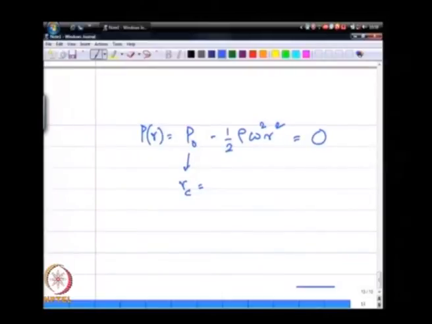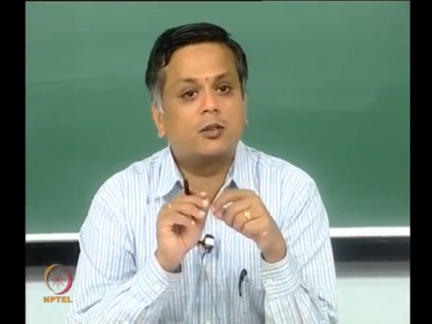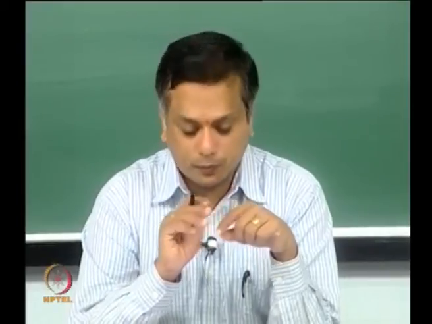Essentially it is using statics to understand a dynamic system, which is not always the right thing to do, but it gives us the concept of the radius of the air core as being that point at which the centrifugal pressure due to the flow field is balanced by the atmospheric pressure.